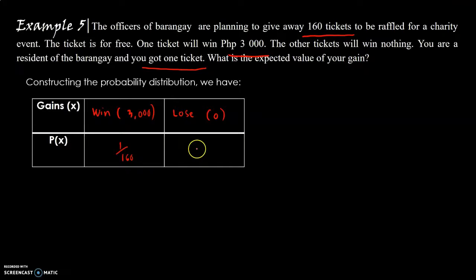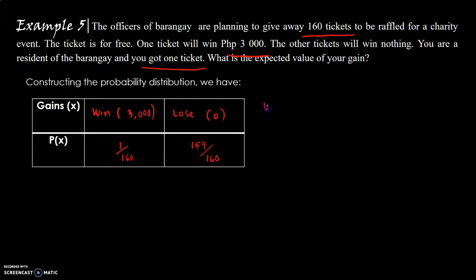And the probability of losing is, of course, 1 minus 1 over 160, and that is 159 over 160. Okay, so now you are done with your probability distribution. So we can proceed now to solving for the expected value.